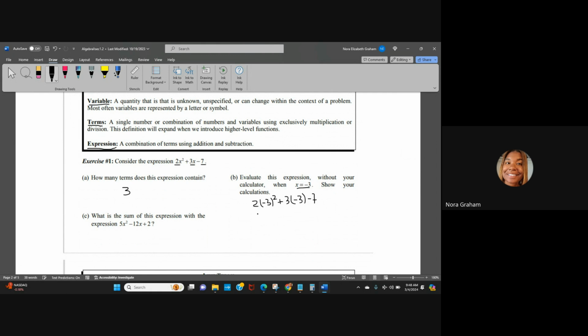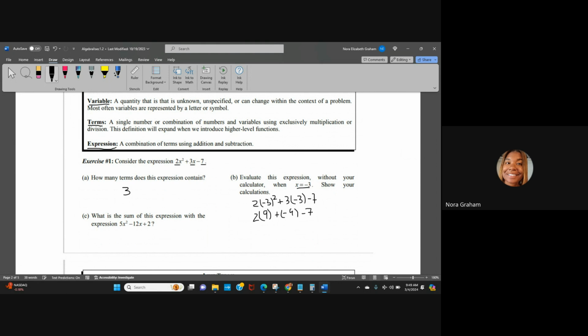So -3 times -3 is +9. A negative times a negative gives you a positive. So we're getting rid of that square. Then here, 3 times -3 is -9. Now I'll put that in parentheses and then minus 7.